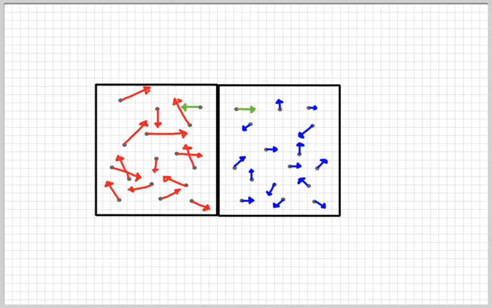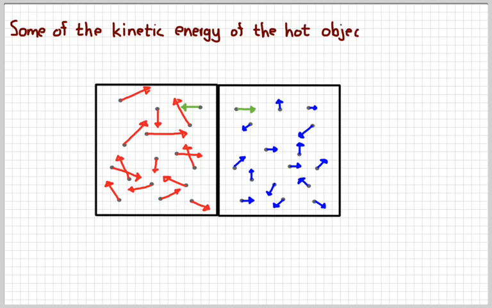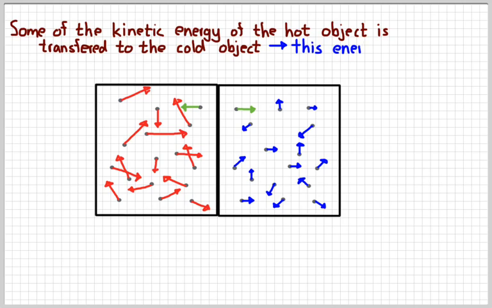So the net effect, if you look carefully, right around this area, is that some of the energy from the sample on the left, the hot sample, is transferred to the sample on the right, the cold sample. That's kinetic energy, because it's energy due to a collision. And this energy transfer we refer to as heat.